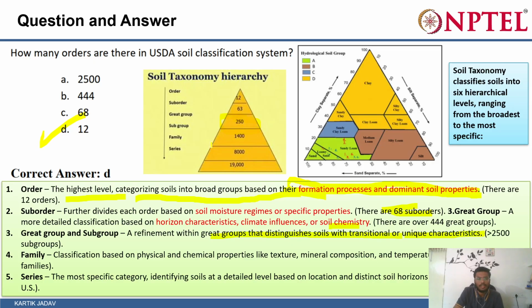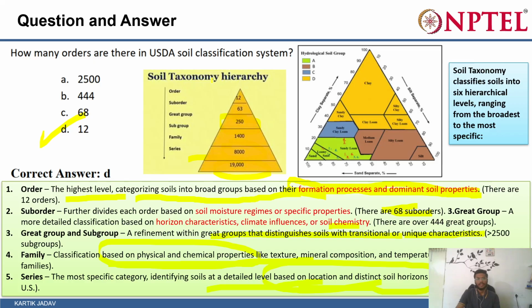Then we have a family, a classification based on physical and chemical properties like texture, mineral composition, and temperature regimes, with more than 8,000 families. Finally we have a series, the most specific category identifying soil at a detailed level based on location and distinct horizon, with more than 19,000 soil series.